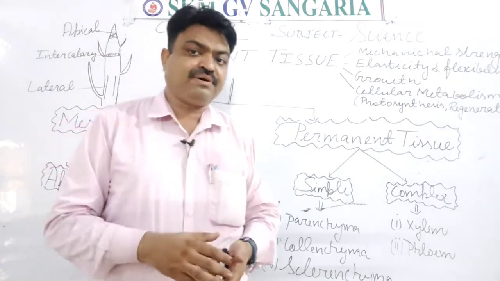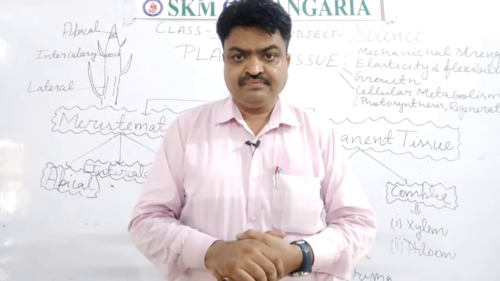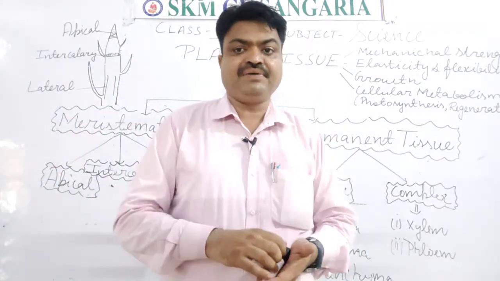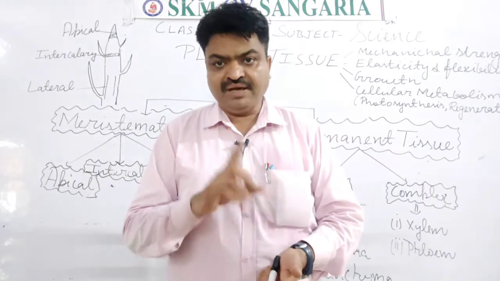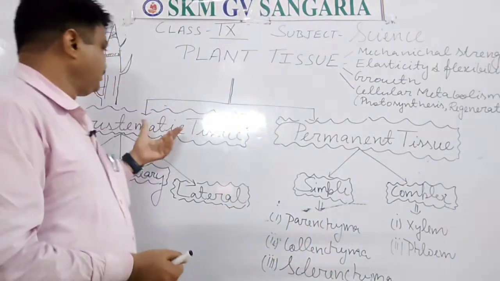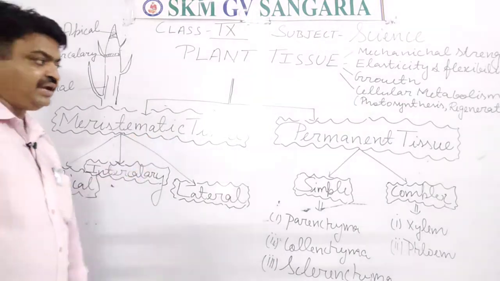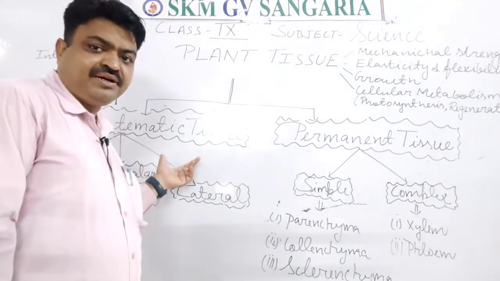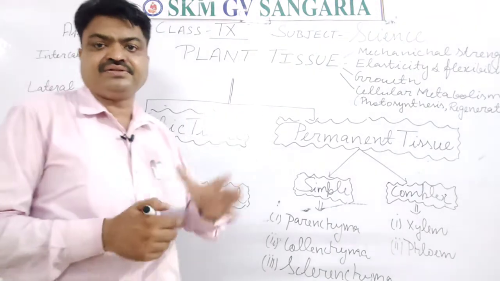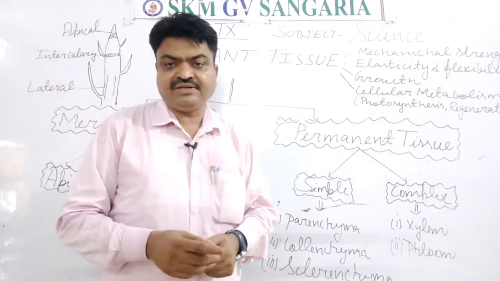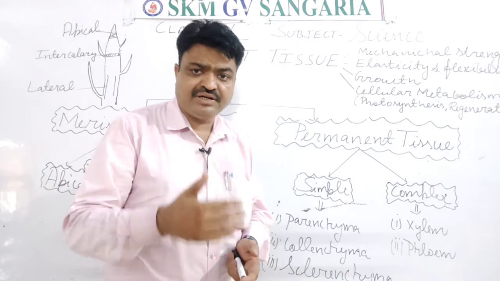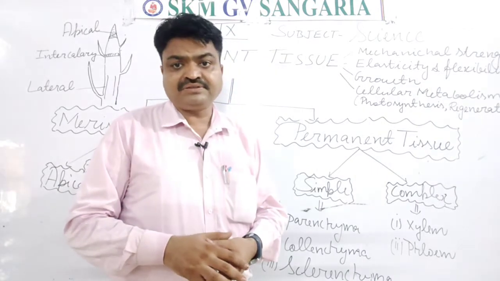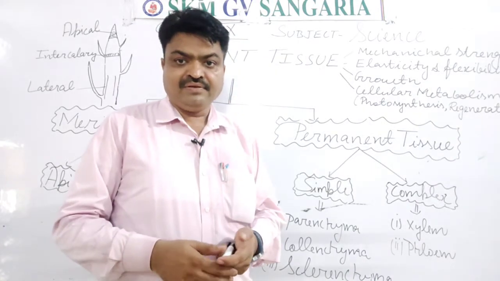Now we will discuss the types of plant tissue. First is meristematic tissue, first type. Second is permanent tissue. So we can say that the meristematic tissue is temporary tissue. Why is it considered as temporary, student? Because it helps the plants in their growth.